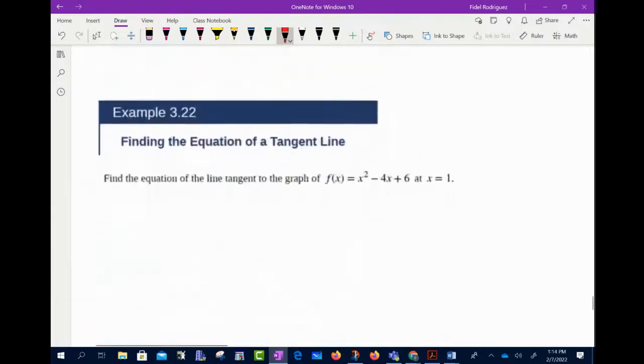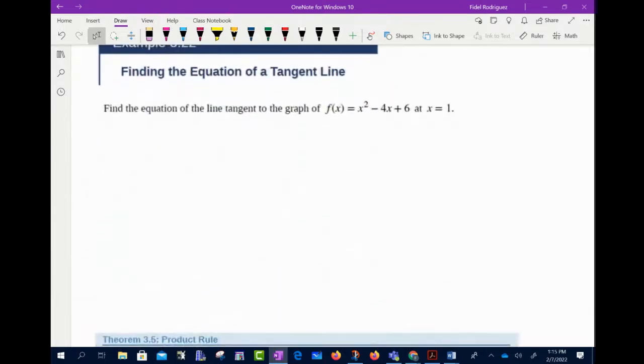All right, let's try another one. We're going to do the same thing here. We're going to find the equation of the line tangent to the graph of f of x equals x squared minus 4x plus 6 when x is equal to 1. Okay, so guys, remember the first thing we're going to do here: you want to find the slope of the tangent line at x equals 1.